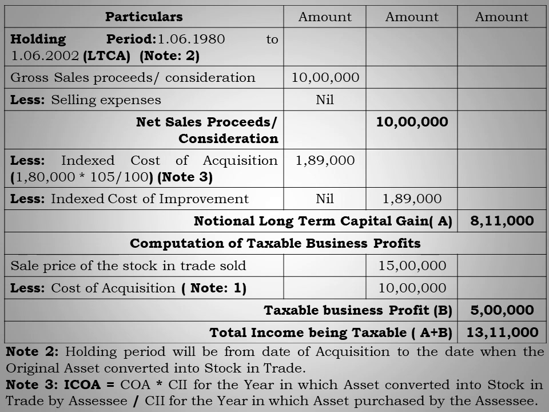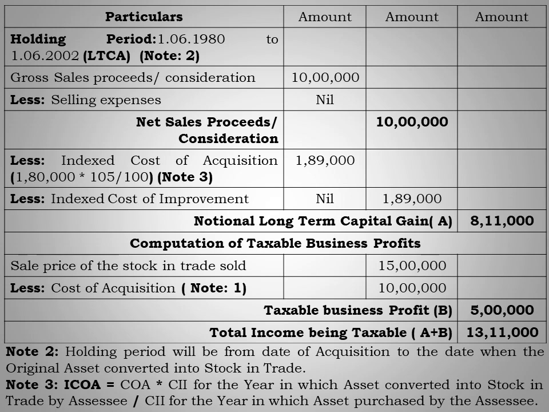So for 2002-3 the cost inflation index is 105, which is considered as the numerator, and divided by the cost inflation index for the year in which the asset was purchased by the assessee. The asset was purchased by the assessee in the year 1980.